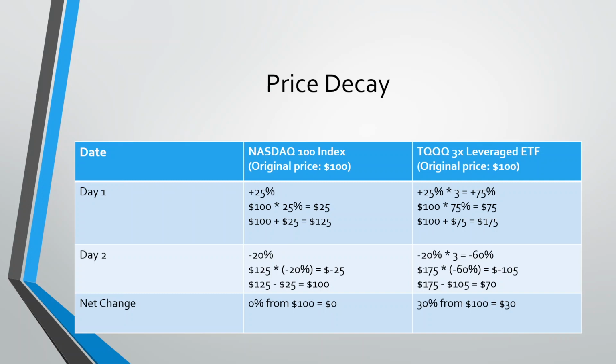So even though the Nasdaq 100 had no change, TQQQ had a 30% change from the original $100. It lost 30% of its value, even though all that happened is that the ETF leveraged the index by three.